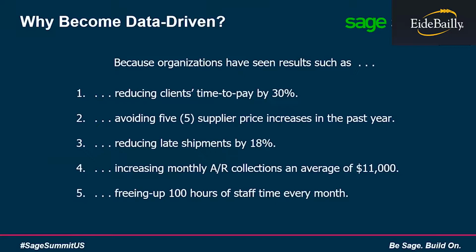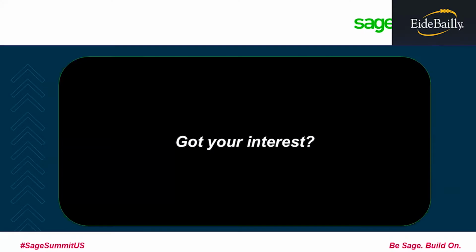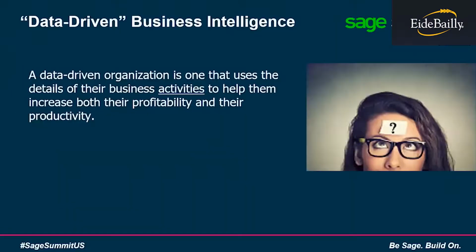Now, these are just a few examples of the results, of the benefits that organizations like yours have seen from adopting the alerts and workflow technology. Hopefully, with these scenarios, that's enough to get your attention and interest to look a little bit further into the alerts and workflow technology.